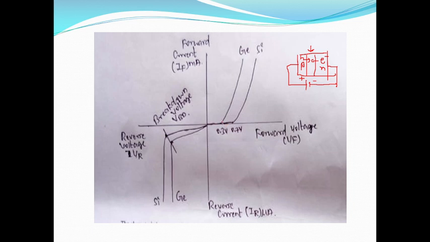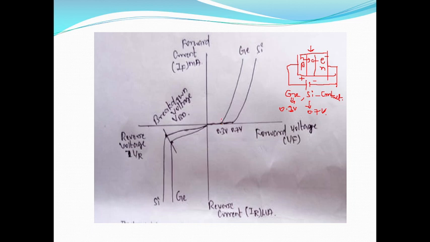See here, for germanium and silicon there is a certain contact potential or junction potential. For germanium it is 0.3 volts, and for silicon it is 0.7 volts.